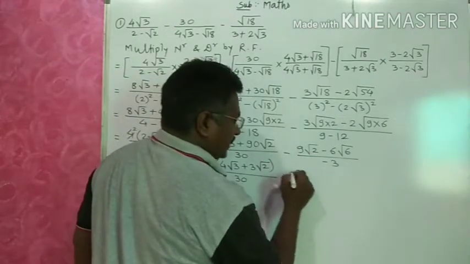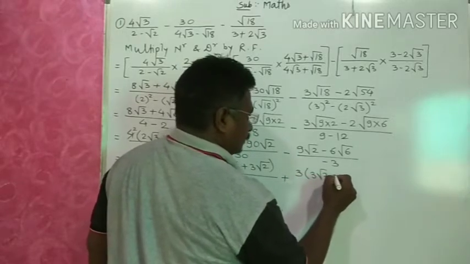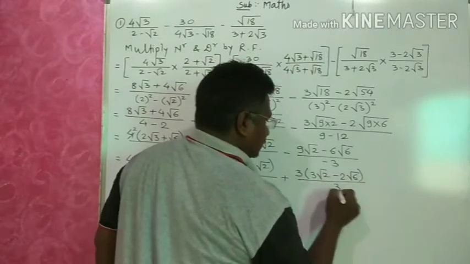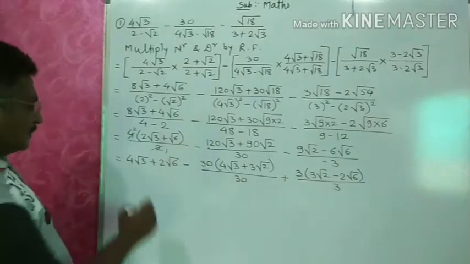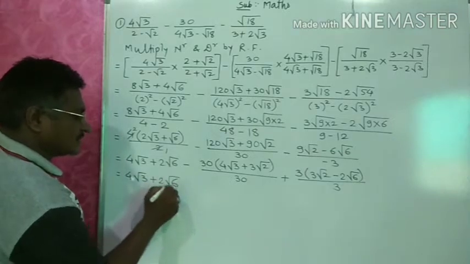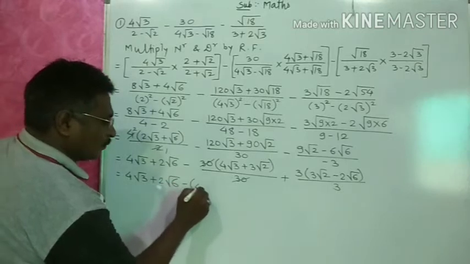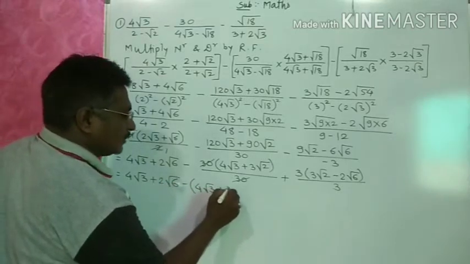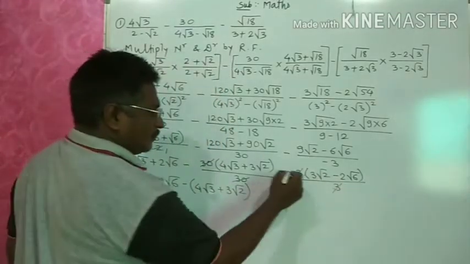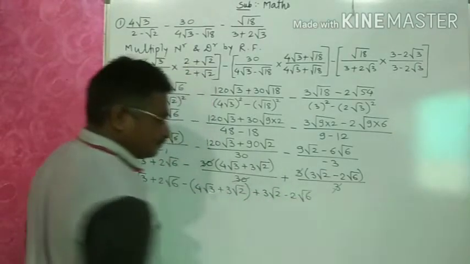Here what is common? 3. 3 root 2 minus 2 root 6 by 3. Now simplify. 4 root 3 plus 2 root 6, 30 30 cancel, minus 4 root 3 plus 3 root 2, this 3 3 cancel, what will we get? Plus 3 root 2 minus 2 root 6.